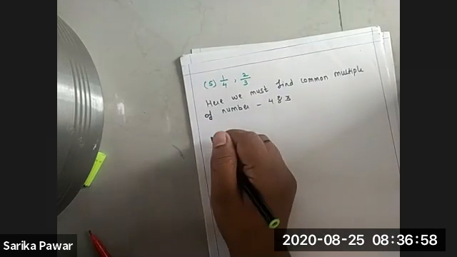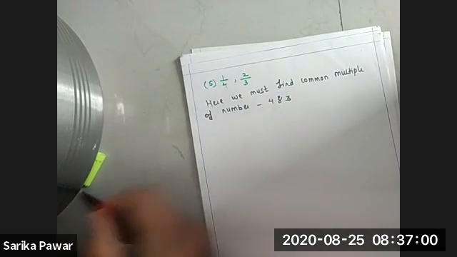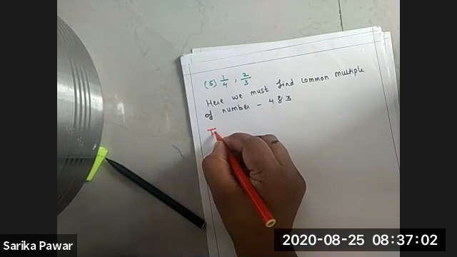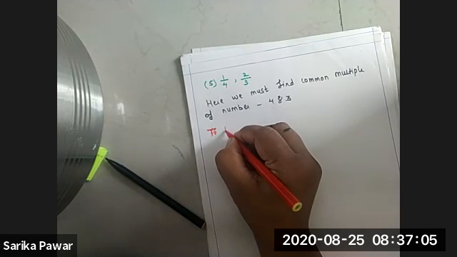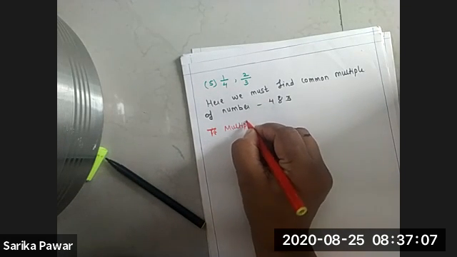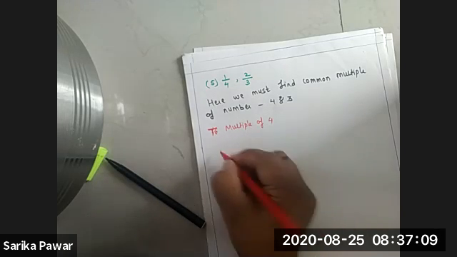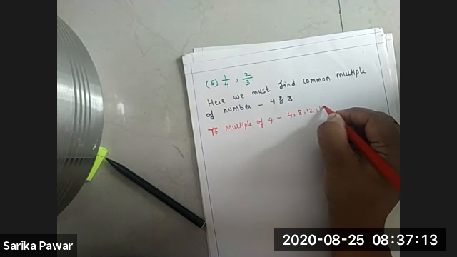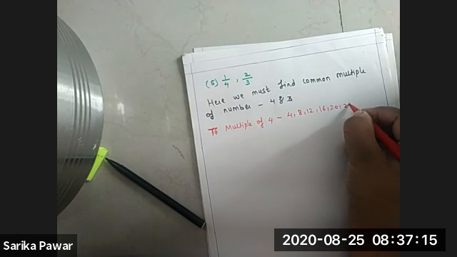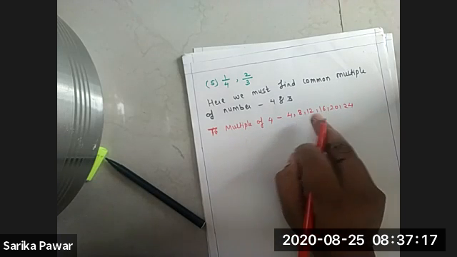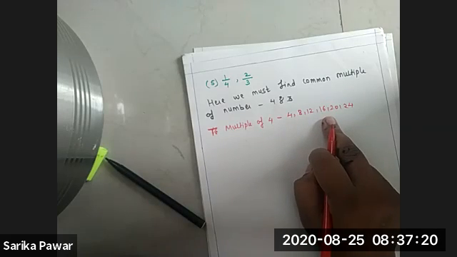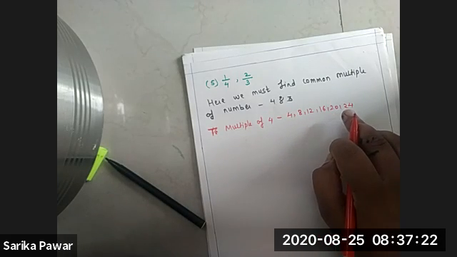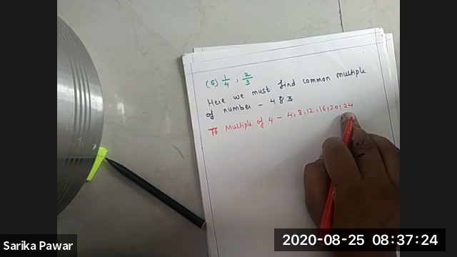So now, in the same way, we have to write the table of 4, the multiples of 4. Four ones are 4, 4 twos are 8, 4 threes are 12, 4 fours are 16, 4 fives are 20, 4 sixes are 24.